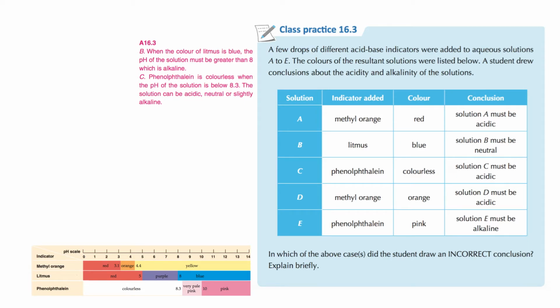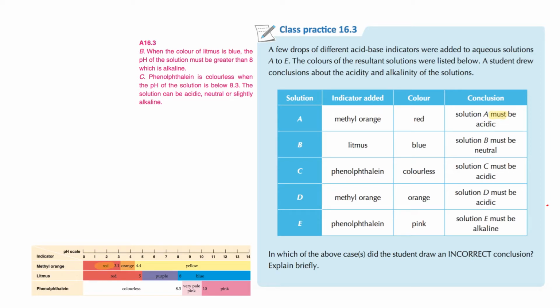Have a look here, I just want you to check the conclusions. If the color turns like this, will the conclusion be correct? For methyl orange, it is red in color. Red in color means it must be acidic. Remember, must is something that you have to check. Is it a must? Yes, of course.